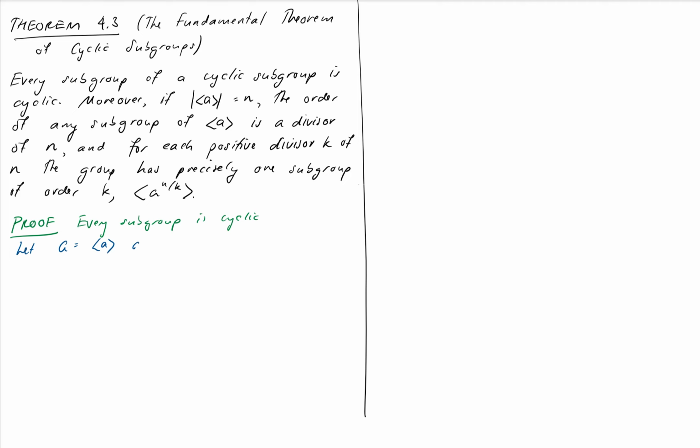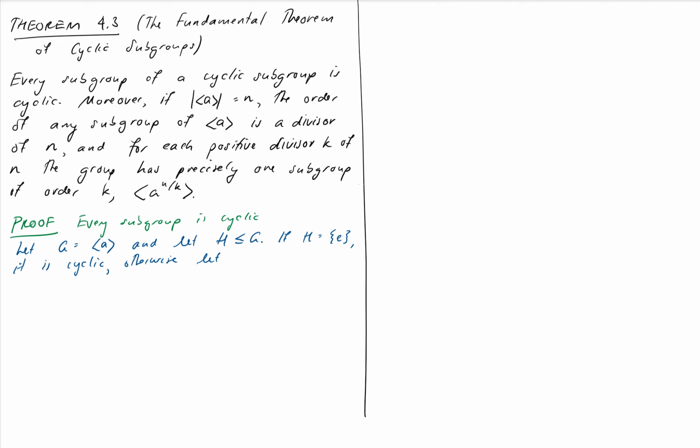And let H be a subgroup of G. Now the most basic case is if H is just the trivial subgroup, then it is cyclic, and we're finished. So we're going to assume from now on, otherwise, we can assume there is some other element.